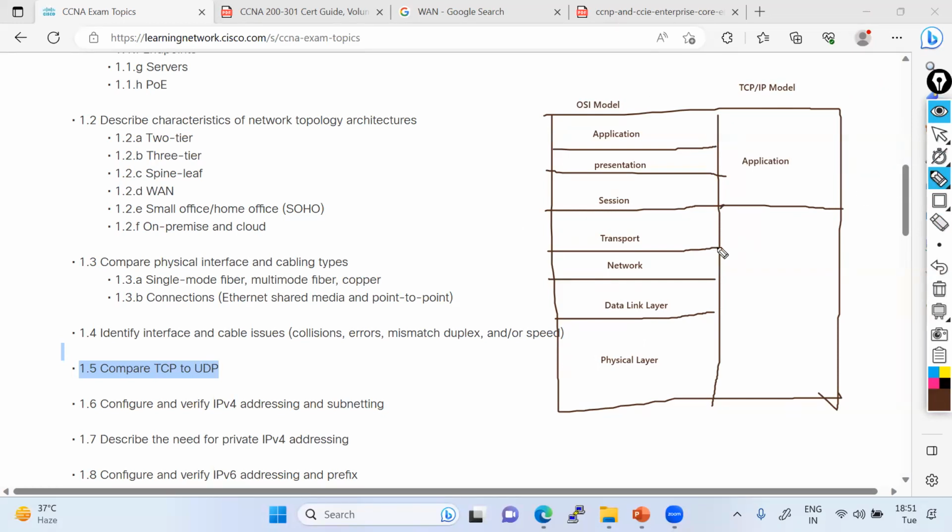Then the next layer is known as the transport layer, then the network layer, then the data link layer, and this is the physical layer.